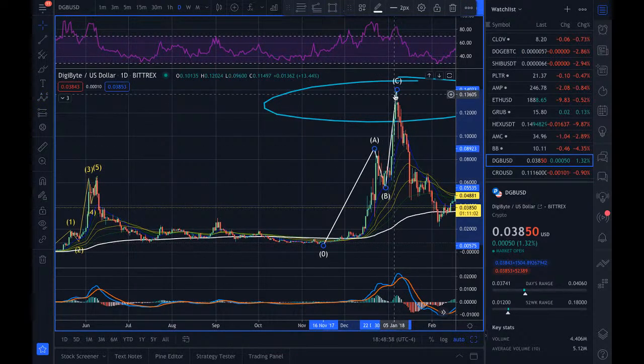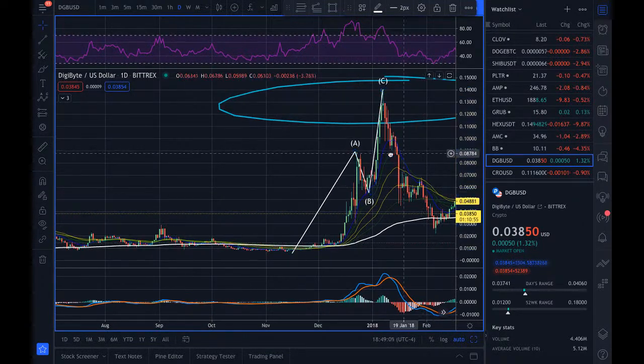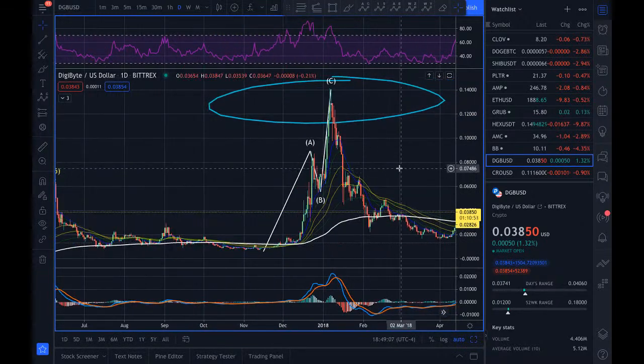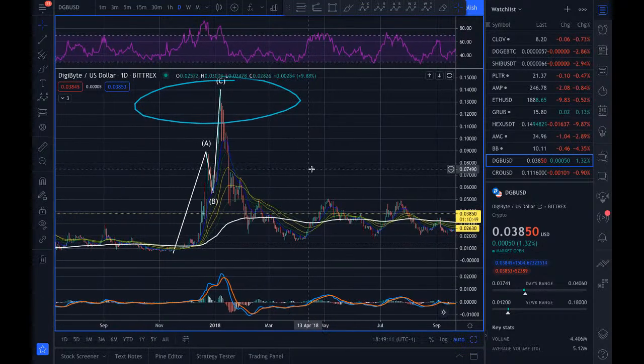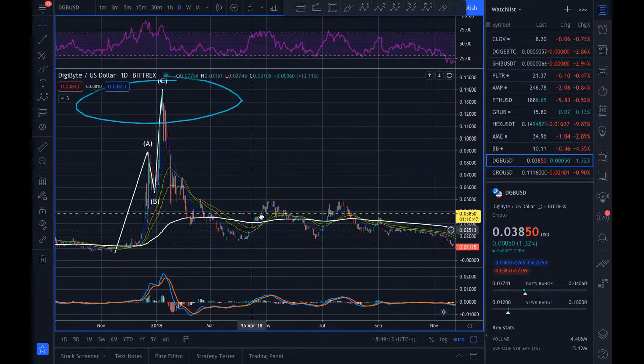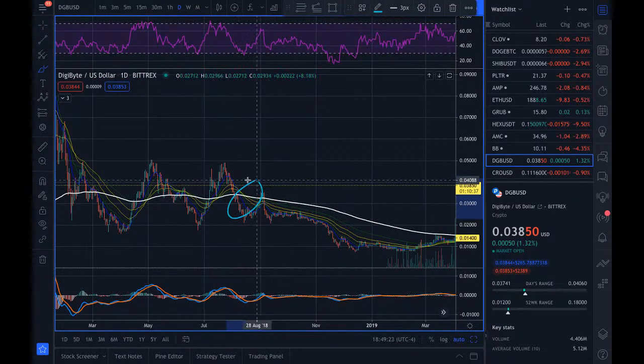So that was not a bull market. That was just a trap in the middle of a correction. Very strange. And then it gets sucked into the 200 EMA again, crosses back down to a death cross. That's when these cross over underneath.